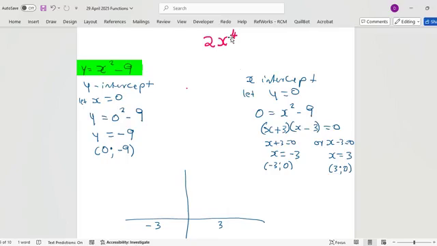Coefficient is a number in front of the variable. Now, going back to this, what is the coefficient of this thing? What is the number in front of that thing? One, sir.